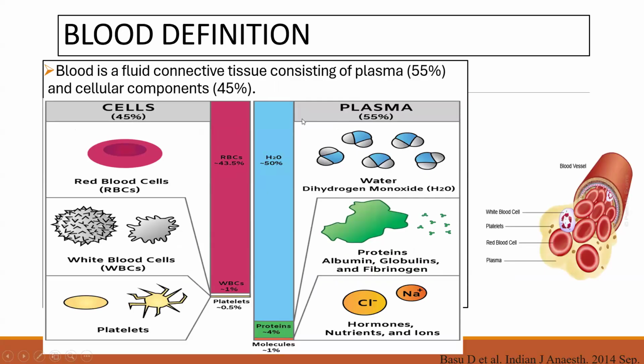The majority is plasma, 55%. It contains water up to 50% and proteins up to 4%, like albumin, globulins, and fibrinogen, and molecules of 1%, like hormones, nutrients, and ions.